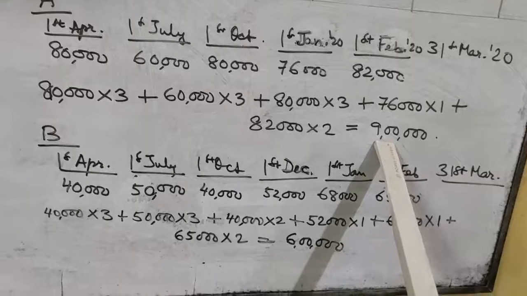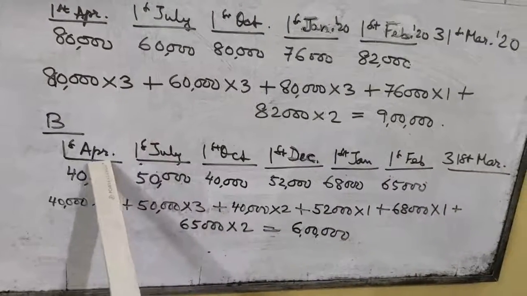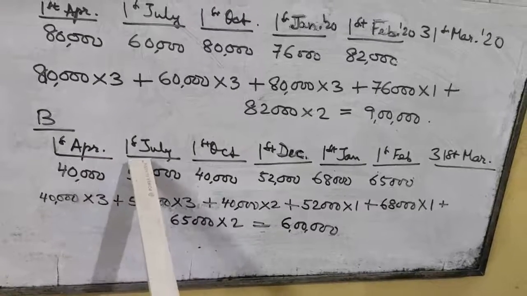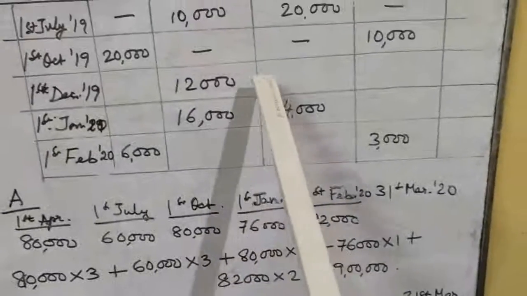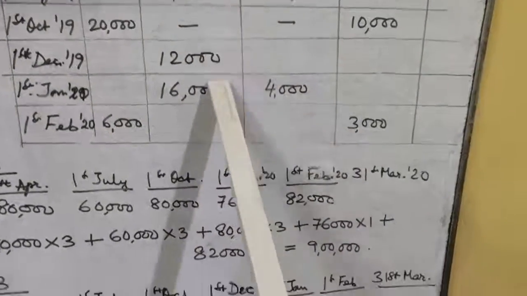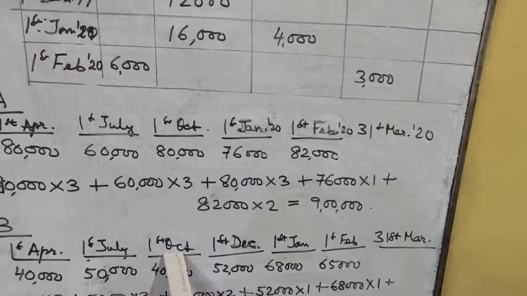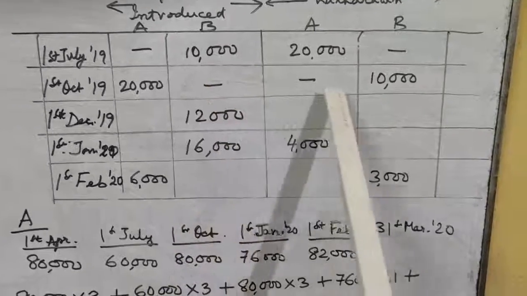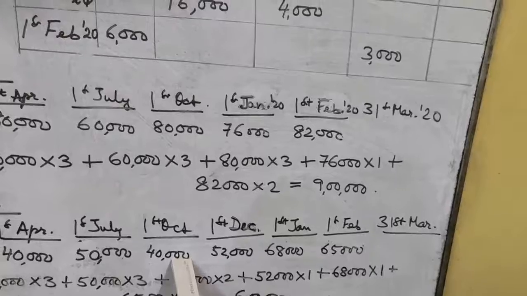Similarly, if we look at B's capital introduced. B's capital was 40,000 on 1st of April. On 1st July, again he puts in 10,000 rupees, so his capital becomes 50,000. On 1st October, he takes out 10,000, so his capital becomes 40,000.